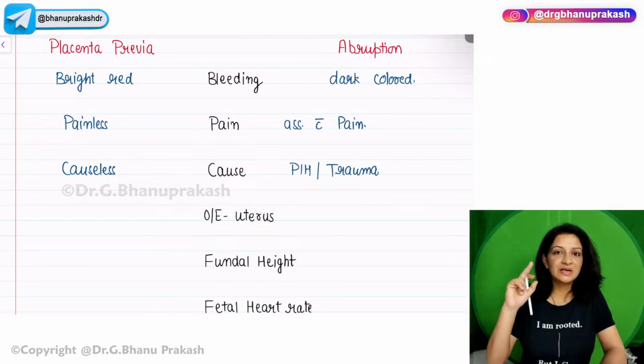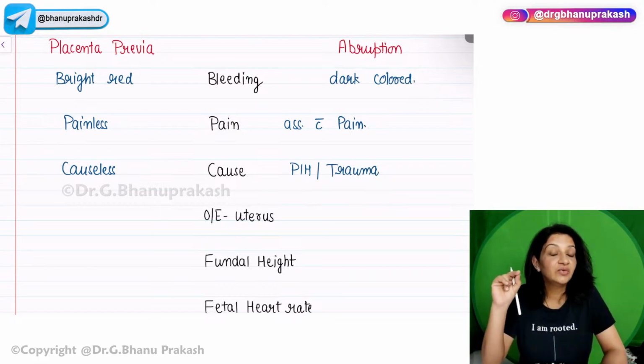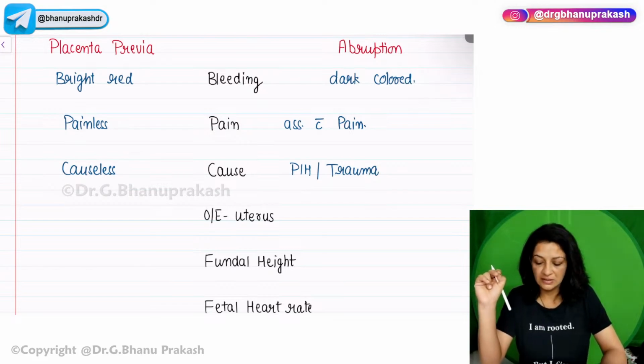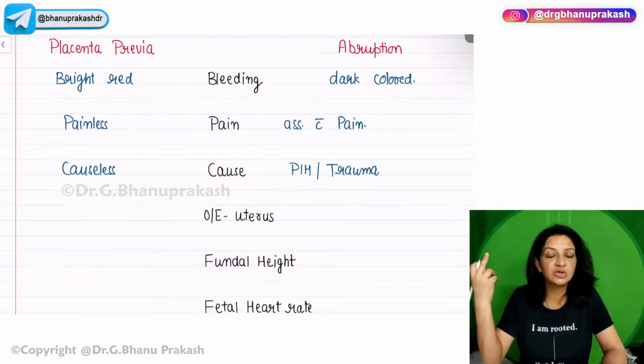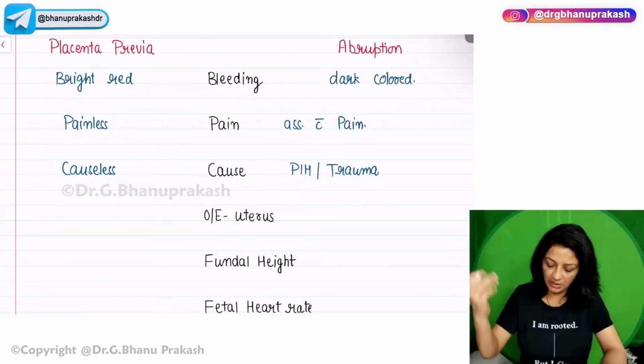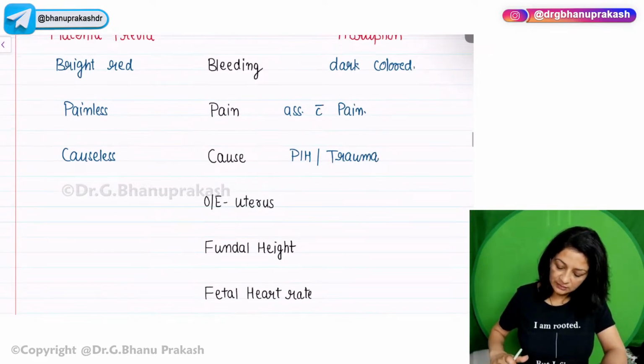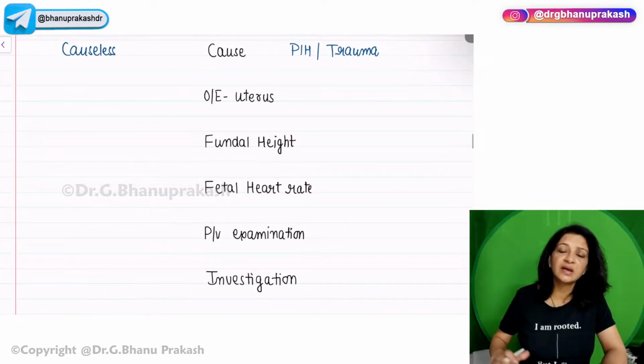So in case of placenta previa, bright red bleeding, which is causeless and painless. In case of abruptio, associated with pain, cause क्या हो सकता है? Pregnancy-induced hypertension and trauma.